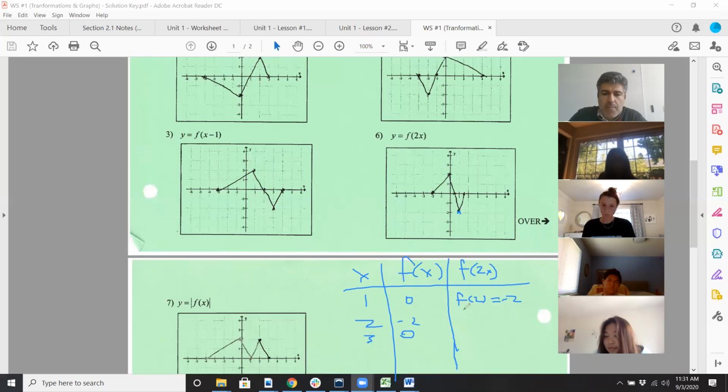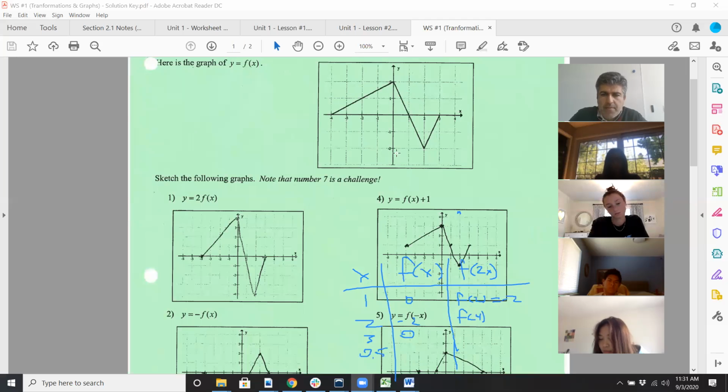Obviously, this will now be f of 4, but I don't see f of 4. So what if I looked at 0.5? On the original graph, f of 0.5 was 1.